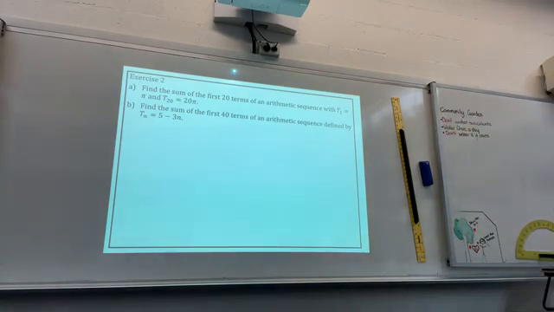Now, if you've got a question like this, pi is just a number. Treat pi as 3.14, it's just a number. It's not a variable or anything. And if you're given a question like this in a calculator-free section, you need to give it in the exact value, in terms of pi. You do not have to evaluate pi.